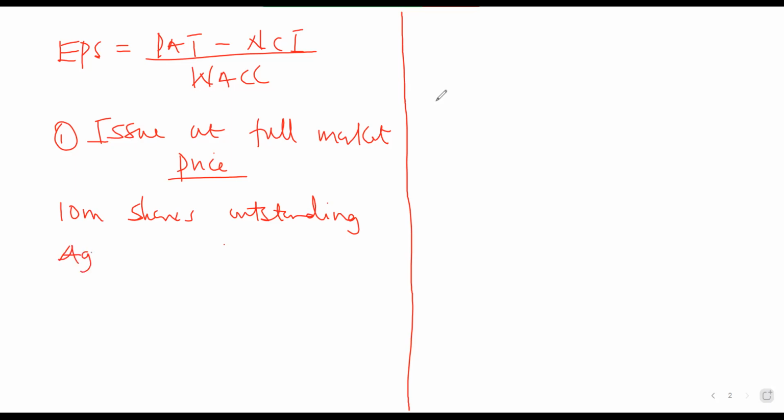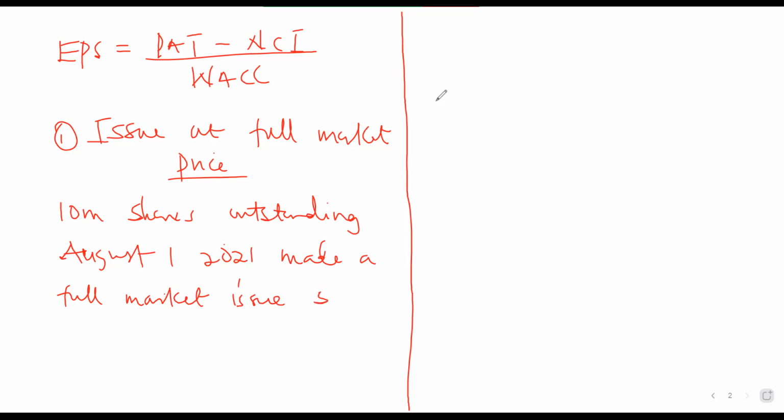Okay, let's look at August 1, 2021. The company made a full market issue of 5 million shares.